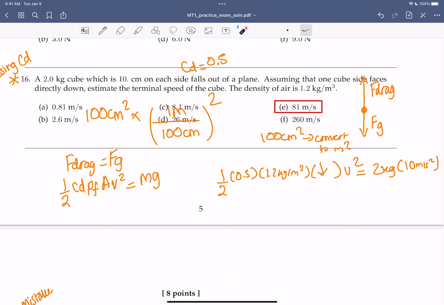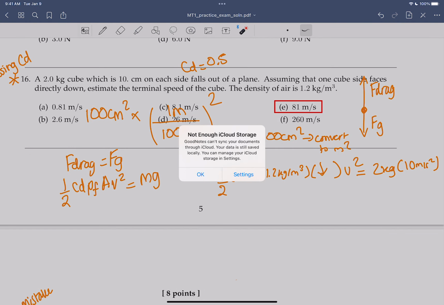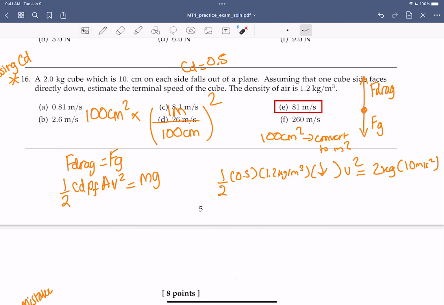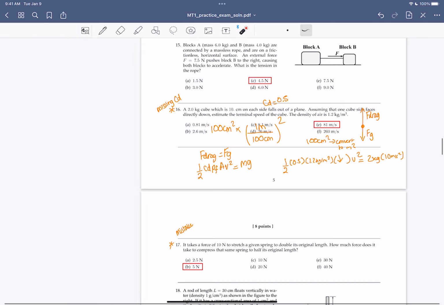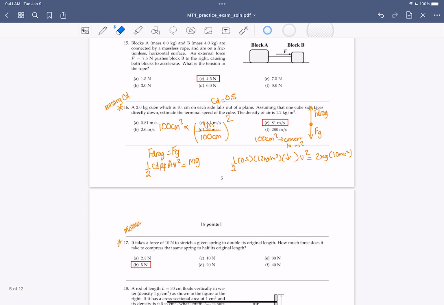So 0.5 times 0.5 times 1.2 times 0.01, 0.03, okay. Yeah, roughly should be about that 82 meters per second. Sound good for 16?